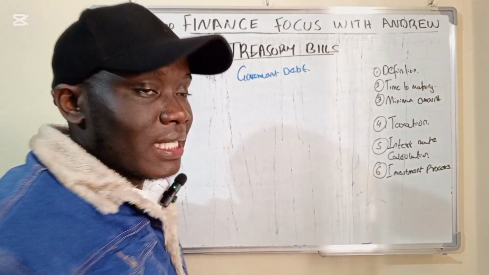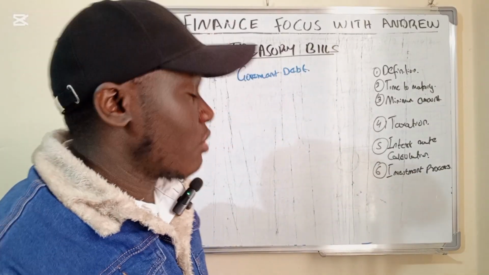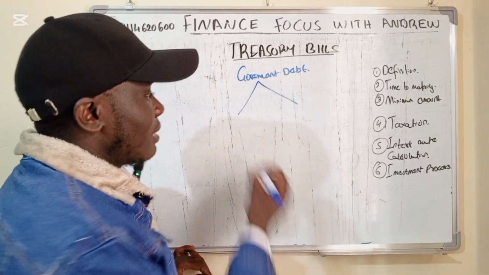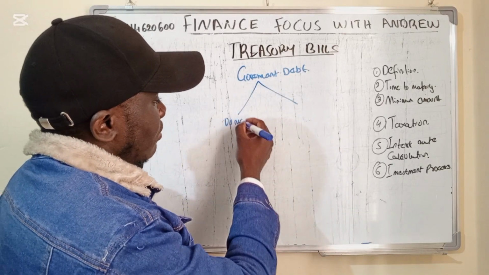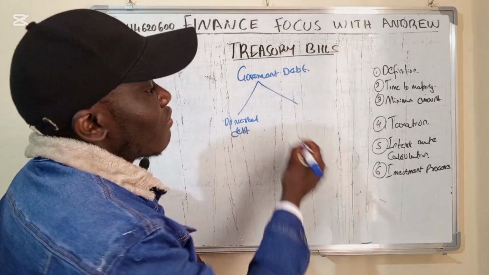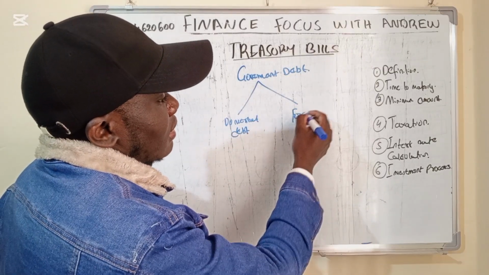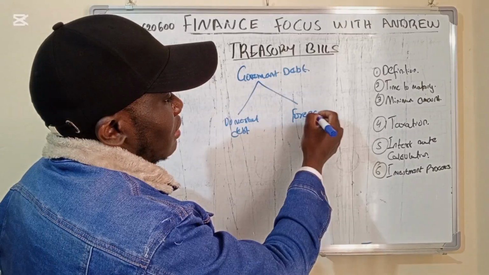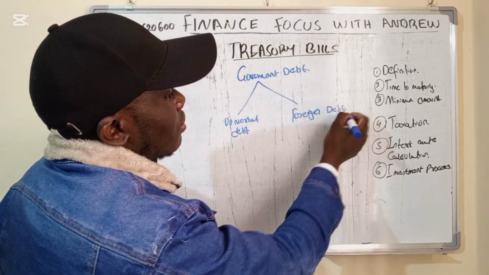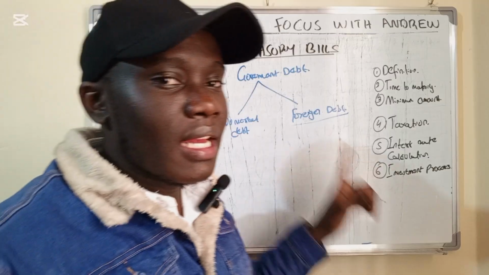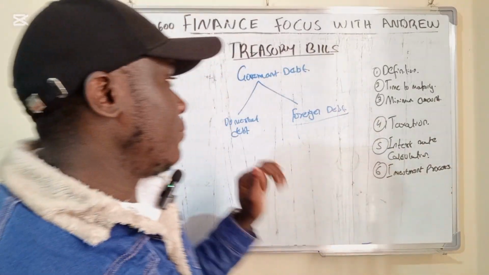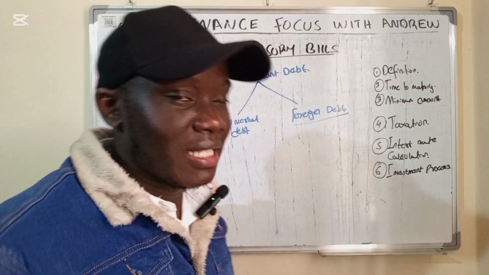Government debt is split into two major components. We have what we call the domestic debt, and we have what we call the foreign debt. Foreign debt, that is what we hear about when someone boards a plane, we say they have gone to borrow. That is not our interest. We are interested in domestic debt.